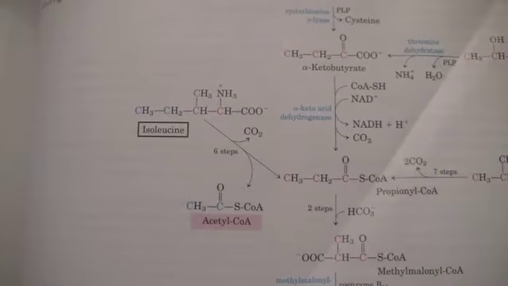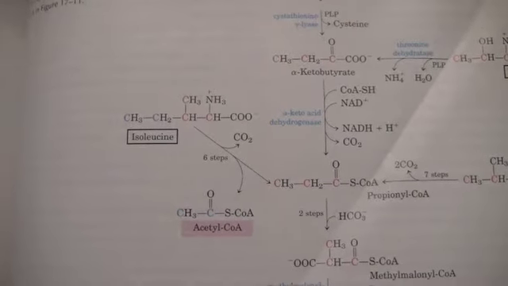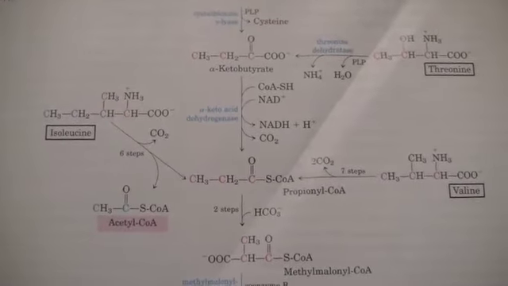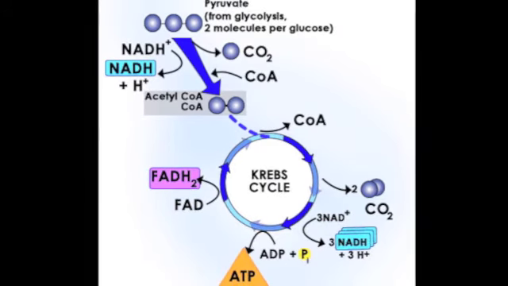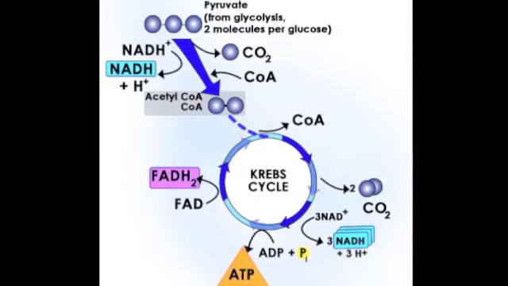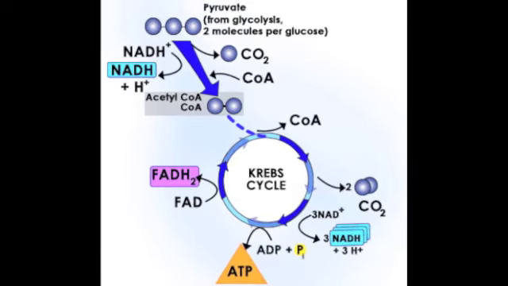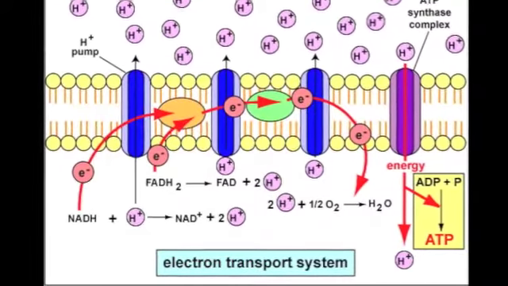Through 6 steps, the keto acid of isoleucine is oxidized to yield acetyl-CoA and another compound called propionyl-CoA. As you can see in the citric acid cycle, acetyl-CoA enters the cycle, yielding an ATP with each turn, and ultimately 17 ATP through its electron products through the electron transport chain.